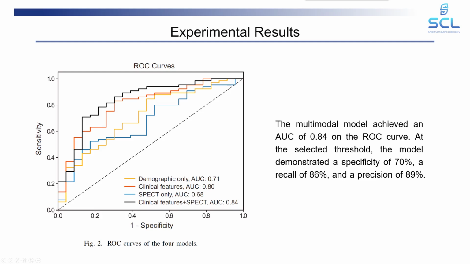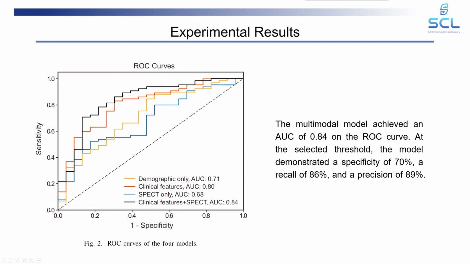Figure 2 shows how well different models predict cognitive progression using the AUC to measure each model's ability to distinguish between 2 classes. Like the results in Table 2, adding clinical features or SPECT images boosted the AUC values.